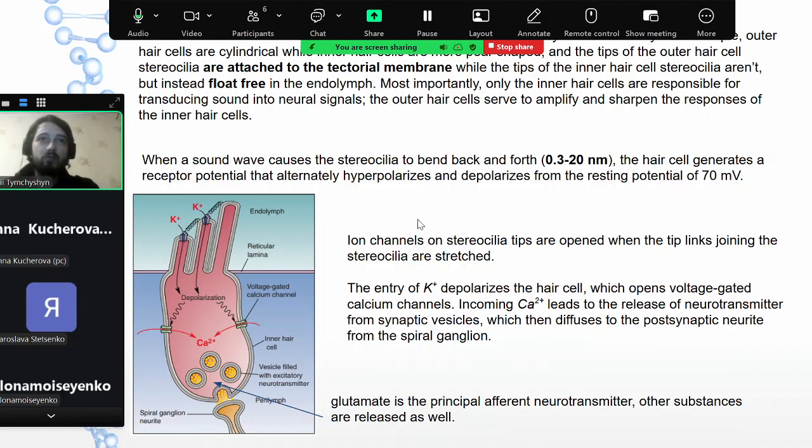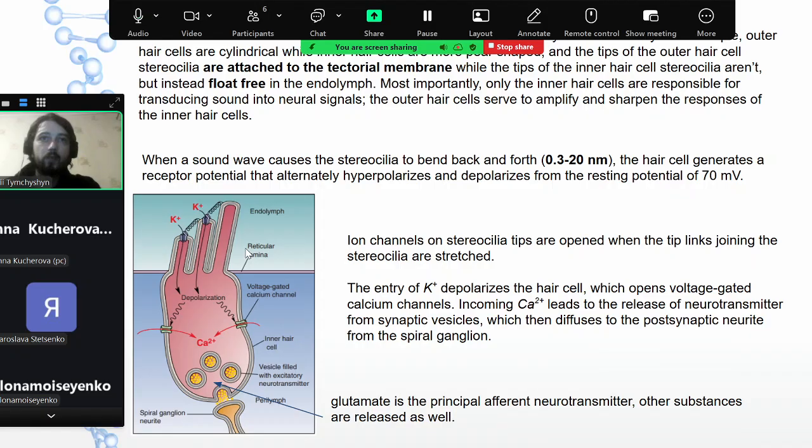Good. So anyway, we are interested now in getting the signal. Amplification will be later. When this sound wave causes the stereocilia to bend back and forth, the hair cells generate some potential. And here you see the signaling cascade that we have. These are certain mechanical receptors.